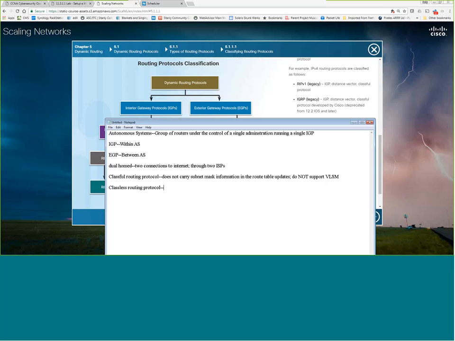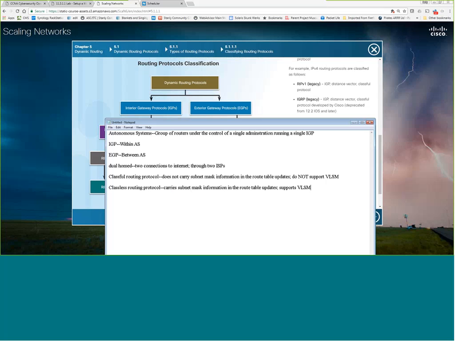on your route table. A classless routing protocol carries subnet mask information in the route table update. And therefore, it supports VLSM.